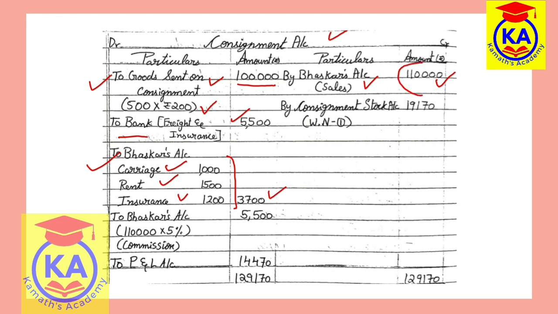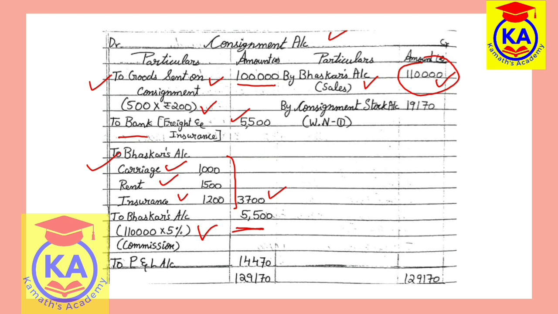So sale value is 1,10,000. So 5% on 1,10,000. As I said in the previous question, we can write commission separately as to Bhaskar, or else you can include it in one itself. Okay. So I have written it separately as I promised you in the previous question. So 5,500 you are going to get as the value of commission.